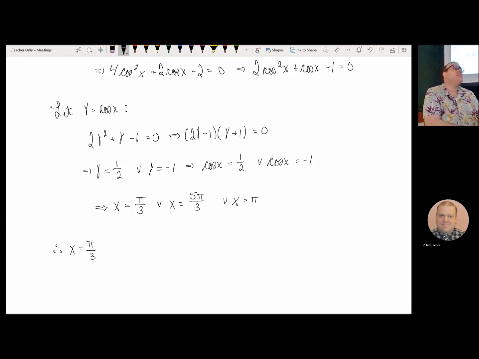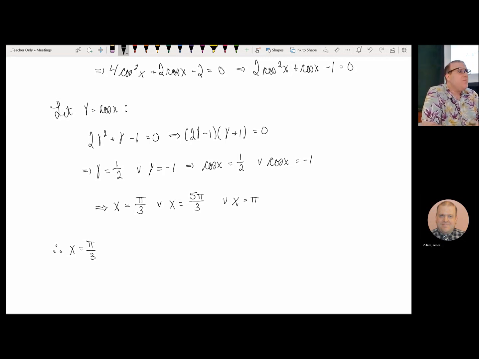So we multiply both sides by sine. We're only allowed to do that if sine is not 0. Then we squared both sides.